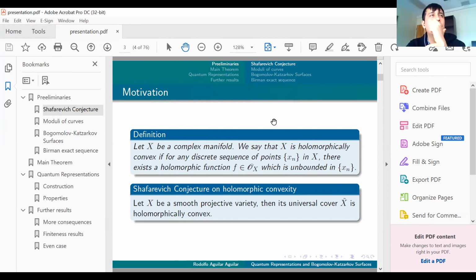I'm sorry, I'm very ignorant in this. I don't know that. But is this kind of thing something that can be used to say something about the Bombieri-Lang conjecture or something like that? I don't know. Yes, I see. Thank you.